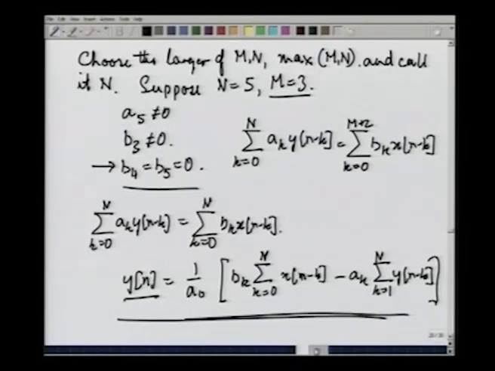You have 1 by a0 into b_k summation, sorry, there is a mistake here. This should be over here. This also should be over here. Let us just erase this and make it more spacious.